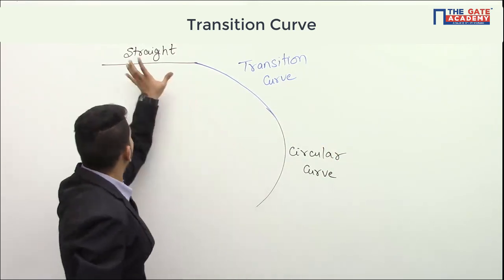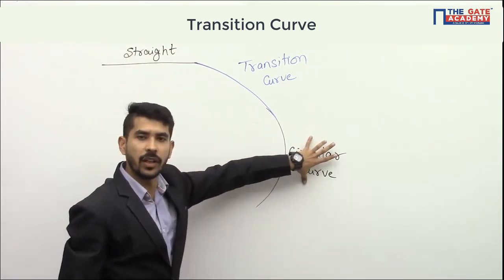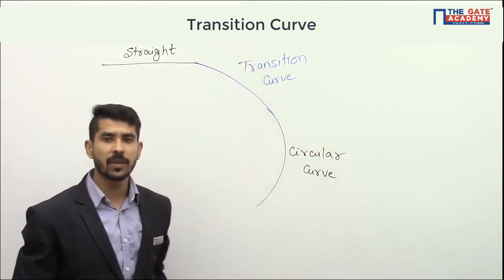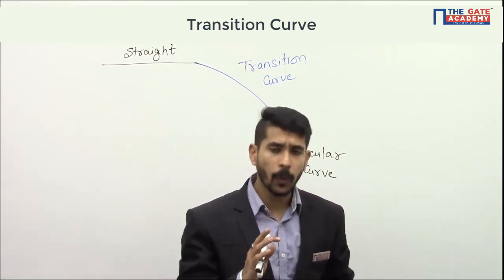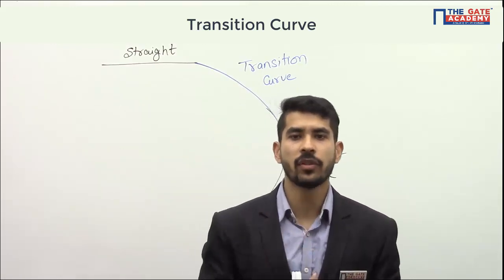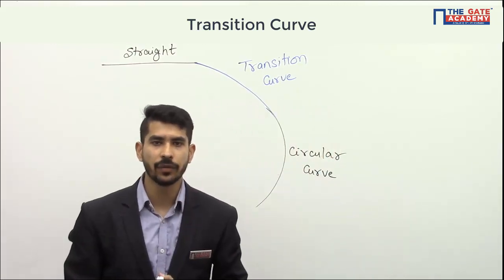So this is a straight road, this is a circular curve, and in between these two we are providing a transition curve. What is the purpose of providing this kind of curve?